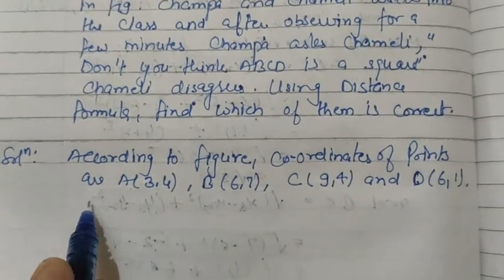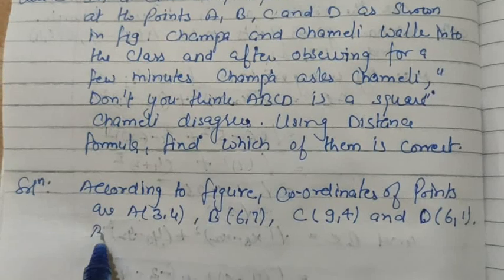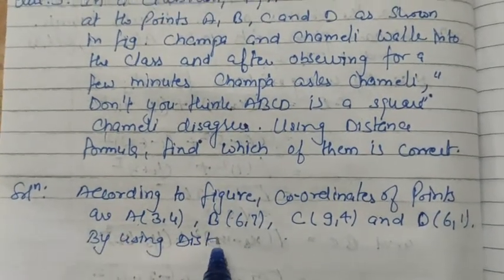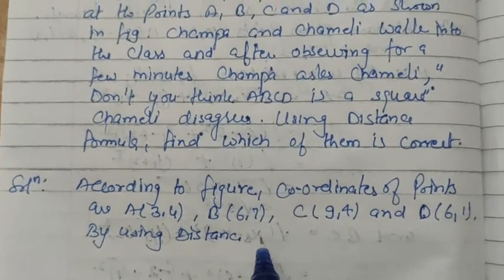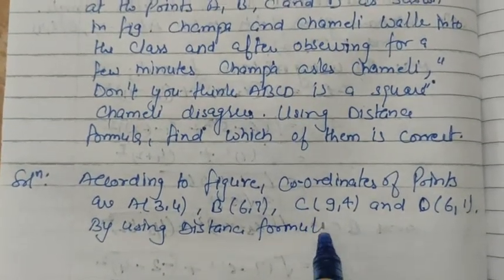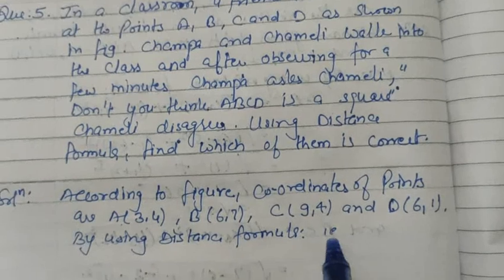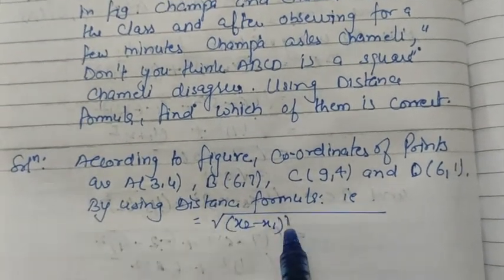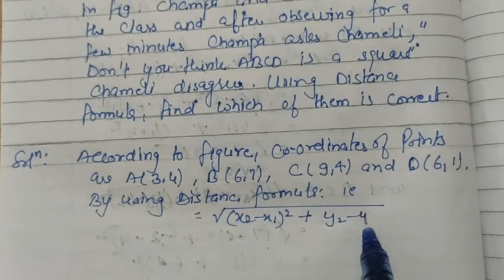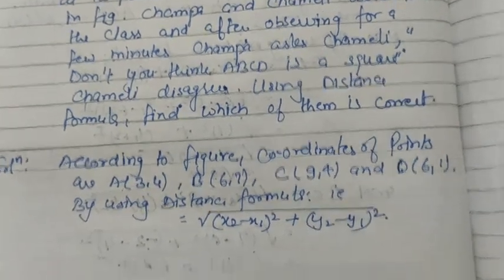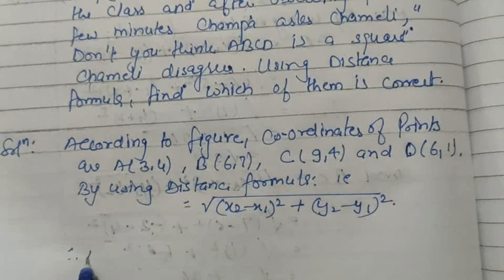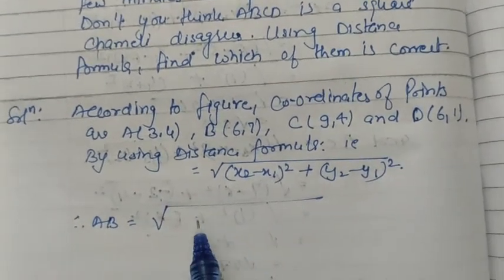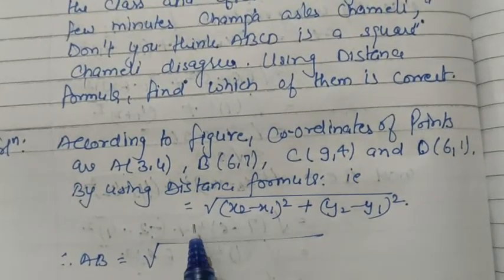So by using distance formula, that is x2 minus x1 square plus y2 minus y1 square. So we can say AB will be, now you need not write again and again, so we are doing it directly.